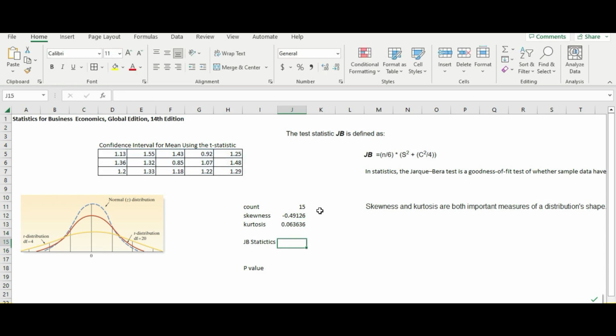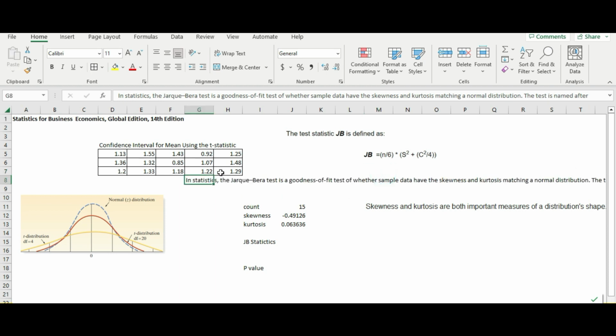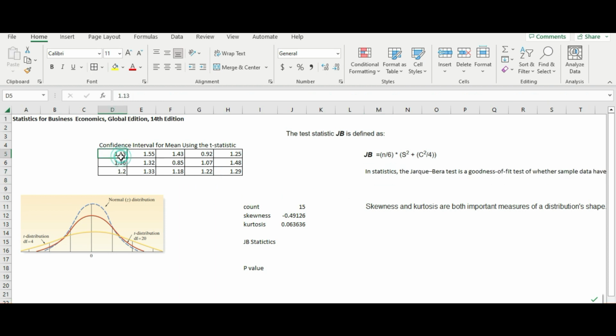So now that we have the level of skewness and the kurtosis, we will now check the JB statistic. The JB statistic tests the goodness of fit, whether these 15 samples have a normal distribution.